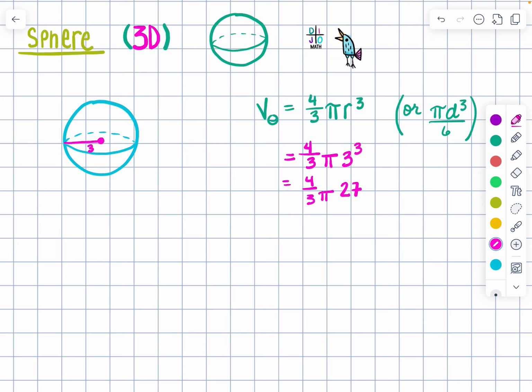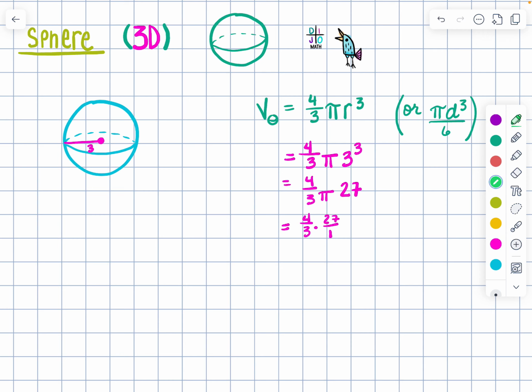Now I can see that 3 is going to go into 27, so I'm going to rewrite it as 4/3 times 27 over 1. This is something I do a lot, where I make a whole number into a fraction just to see it and it's easier to use. And I can divide by 3.